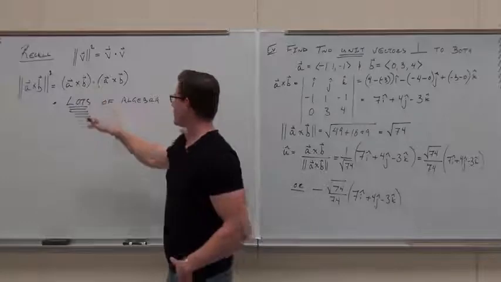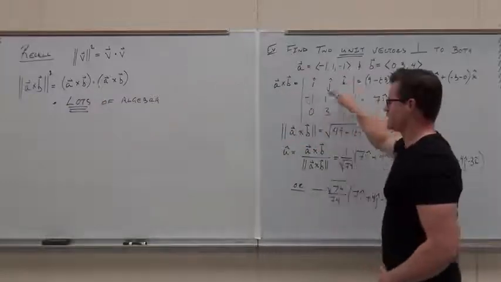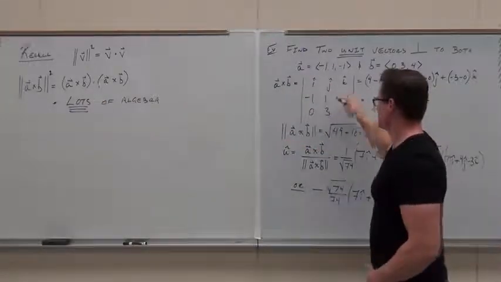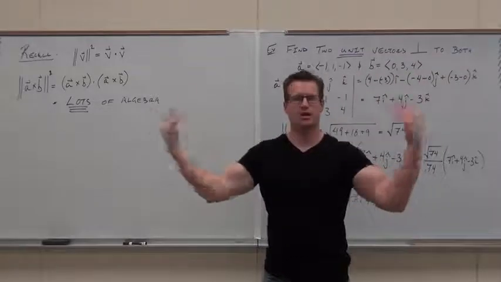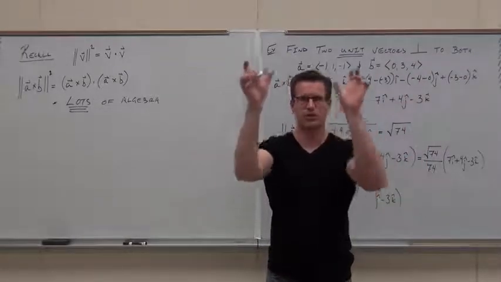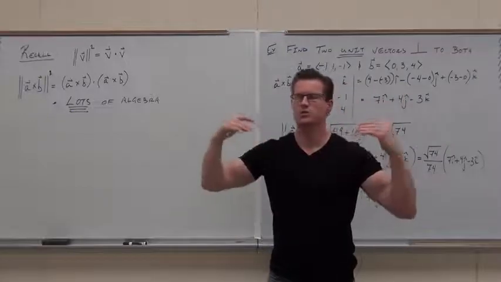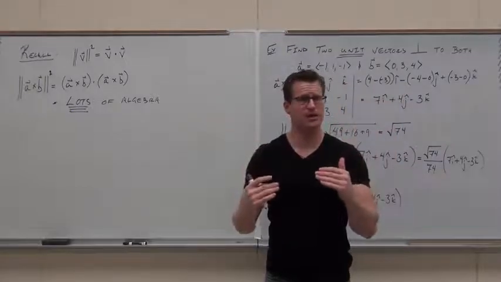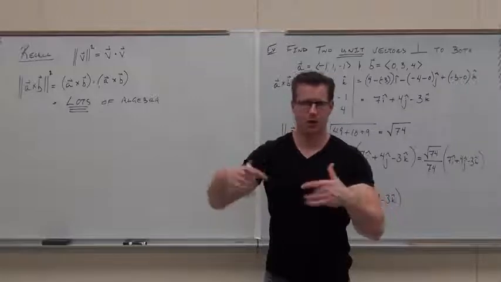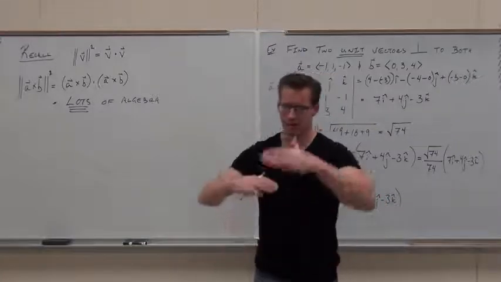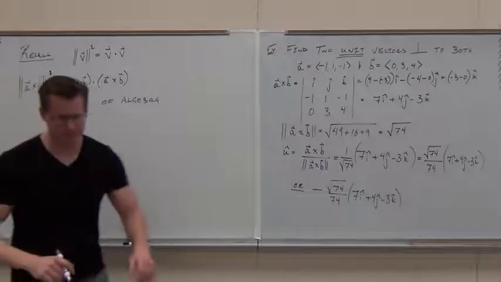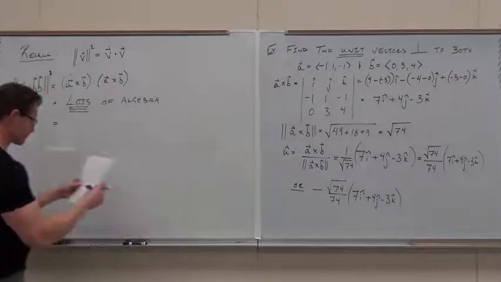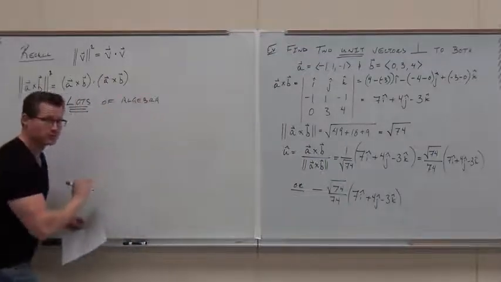You could set up i, j, k, A1, A2, A3, B1, B2, B3, figure out both of those things, dot product them, which means multiply each of those components together, do some crazy factoring, and then what we get after all of that, which I have on my paper, is this. So lots of algebra, trust me.